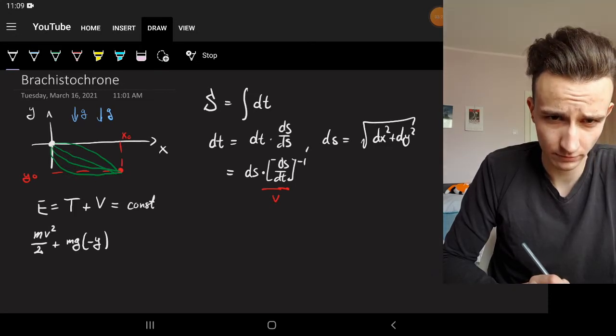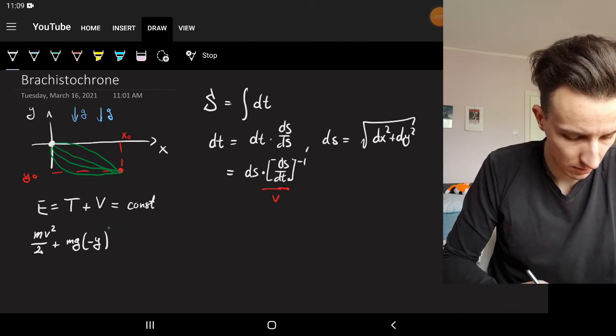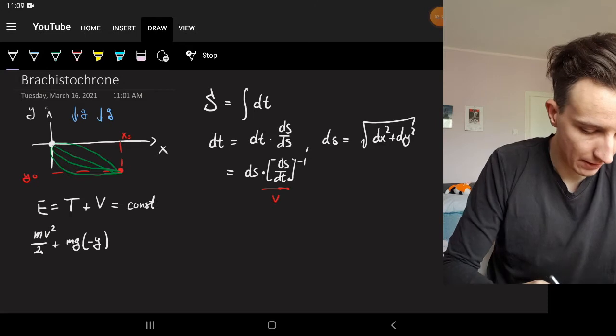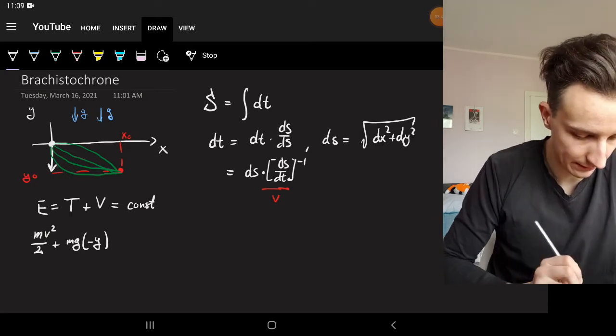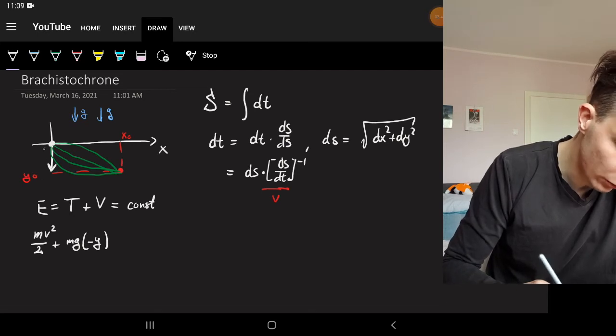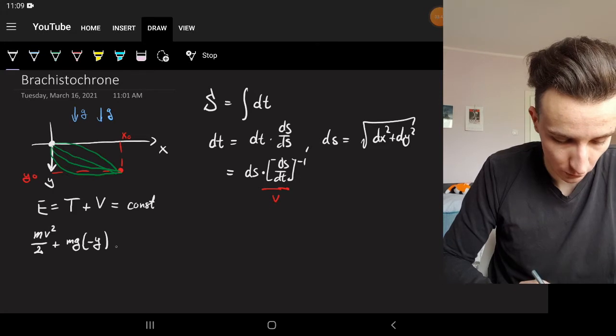Actually, is that even good? Yes, as minus y. No, it isn't good. I would need to draw it like this. Yes, that's the thing. So I want y to be increasing like this. In this case, it's minus y.